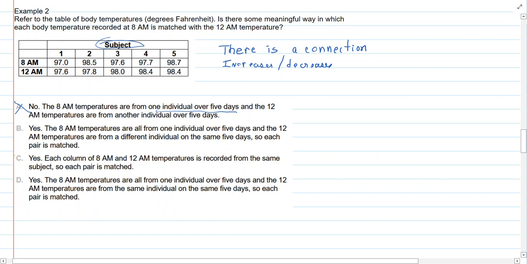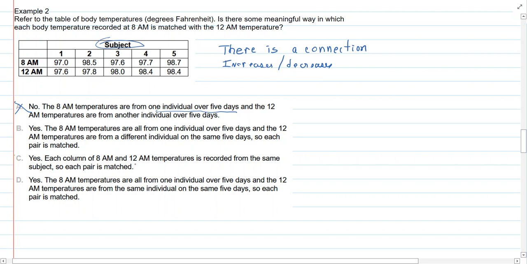Well, that's actually kind of true, isn't it? It is the same person, sorry. But it says subject 1, 2, 3, 4, 5. That's kind of hard to understand. Body temperature to match. Okay. Didn't give us information on it, so we can infer whatever we want. We're going to wait on that one.